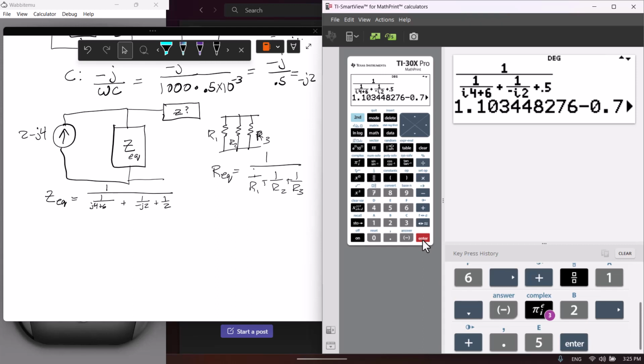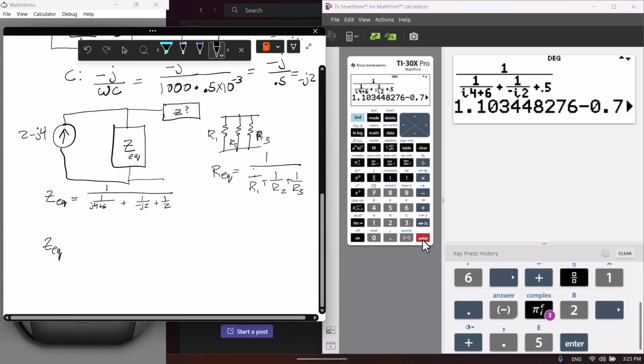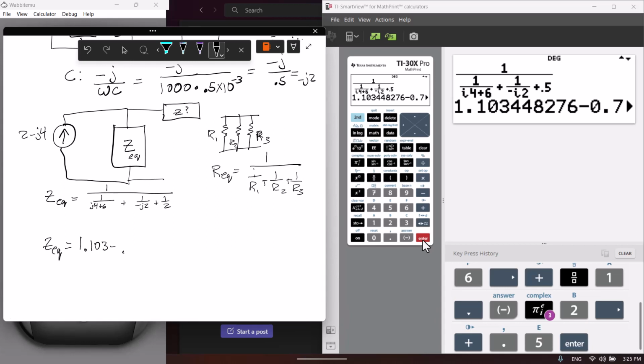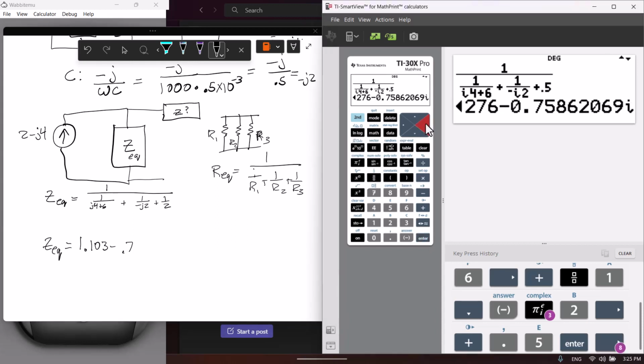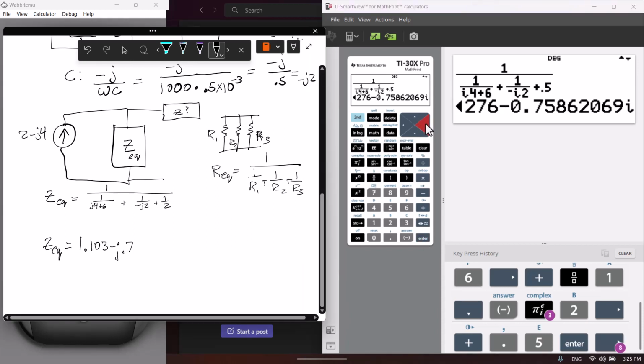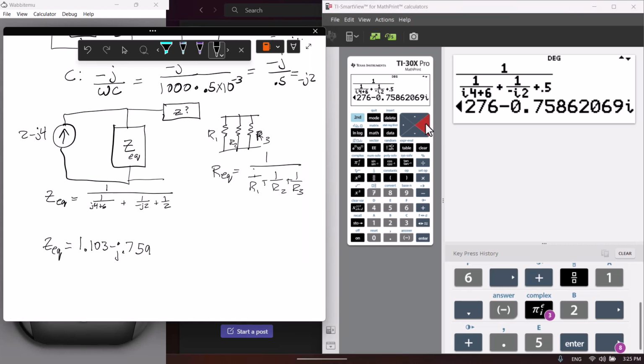So my Z equivalent is 1.103 minus 0.7, that's the imaginary part, minus J.759.